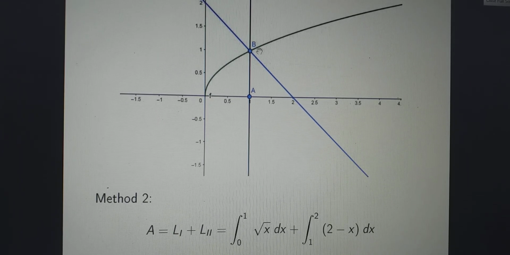For the second part, we integrate from 1 to 2, and in the second part there is only the blue line, so we use only 2 minus x, and we get the area of this bounded region D.